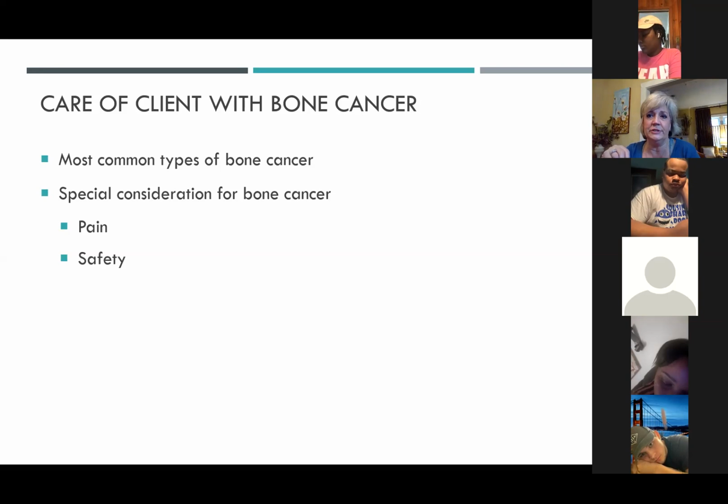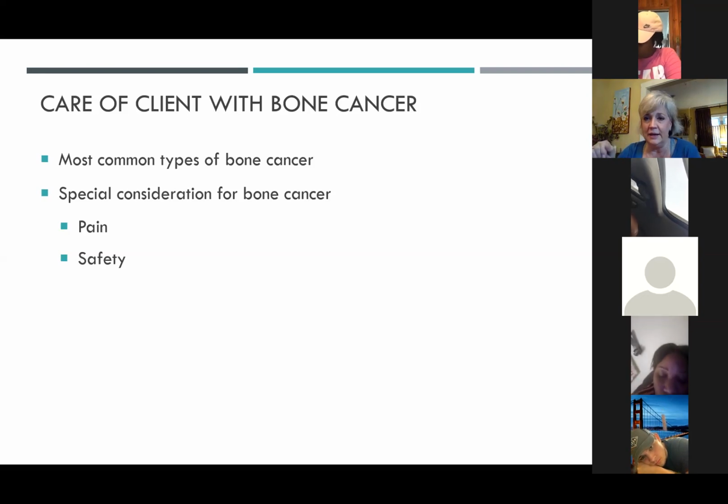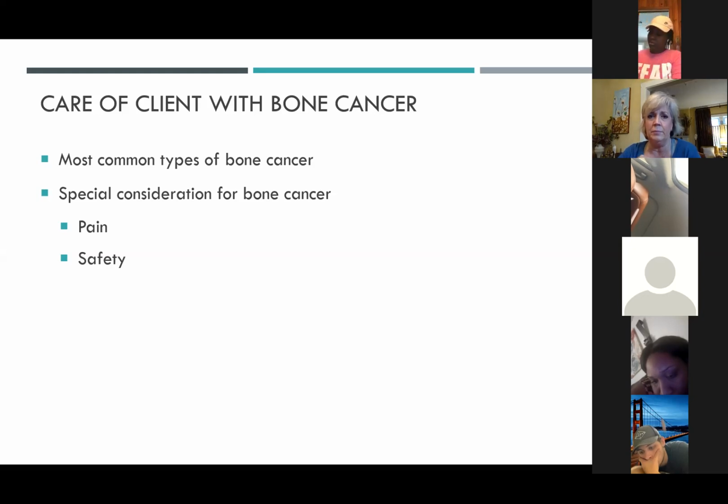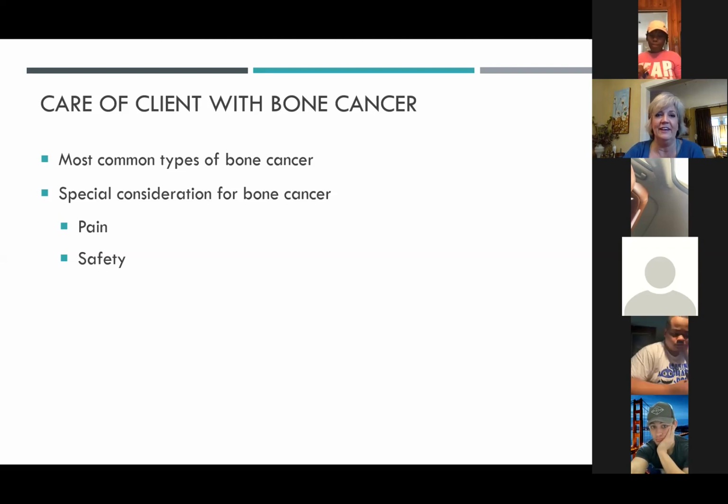If you have a patient diagnosed with multiple myeloma, it's always going to be pain and safety. Make sure that they are free from falls, they're not playing any contact sports, and that they adhere to safety guidelines such as wearing a helmet, seat belts, and things like that. With bone cancer, our main priority is keeping them safe and comfortable. Y'all got me? Mm-hmm. Okay.